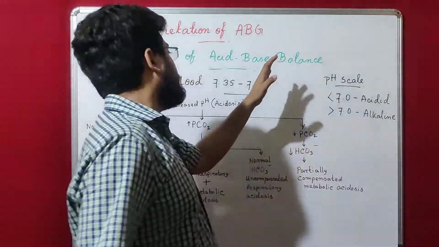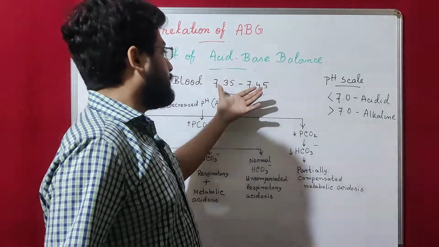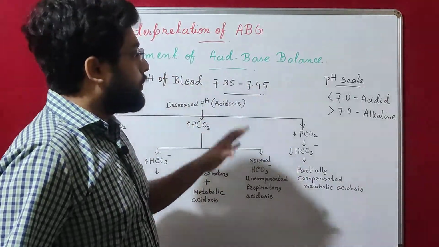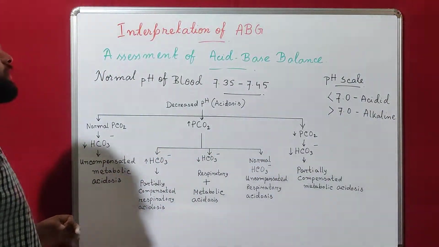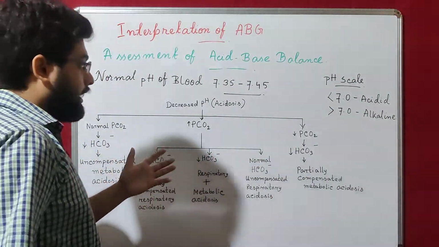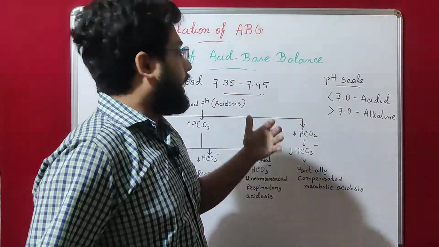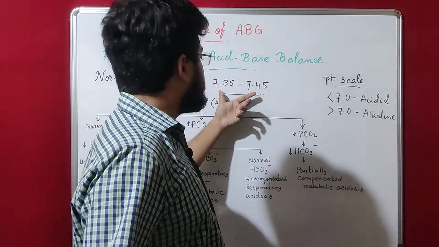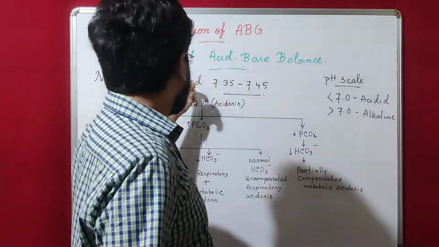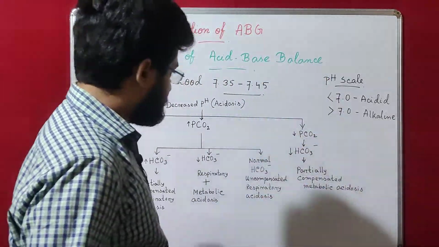For blood also, when the pH is lower than the normal range, we consider it acidosis. And when the pH is more than the normal pH of blood, we call that alkalosis.